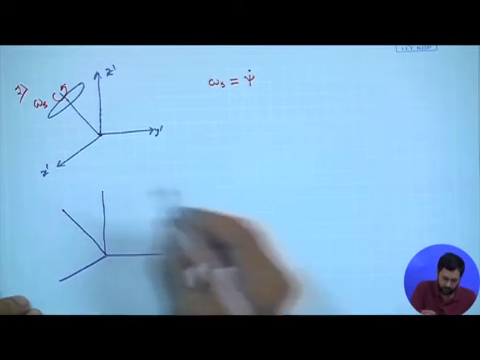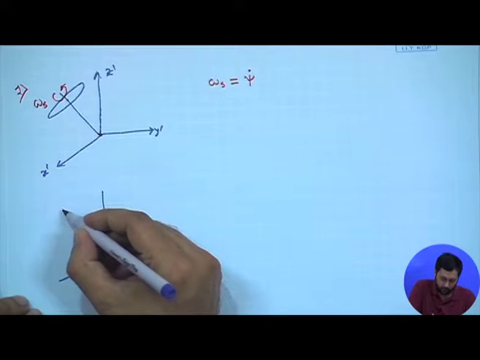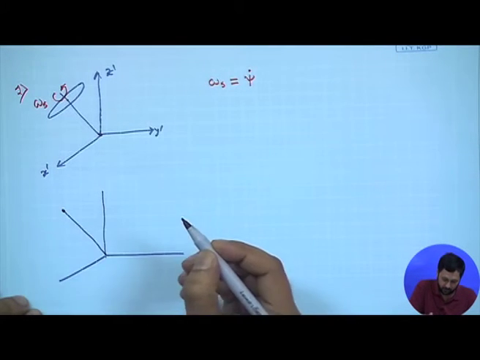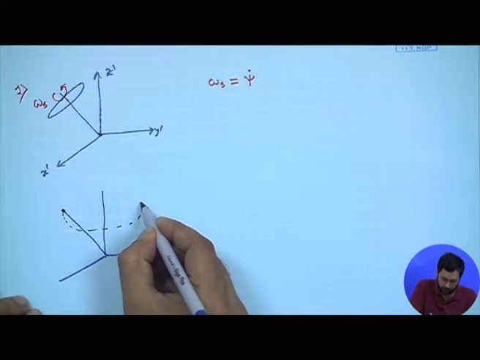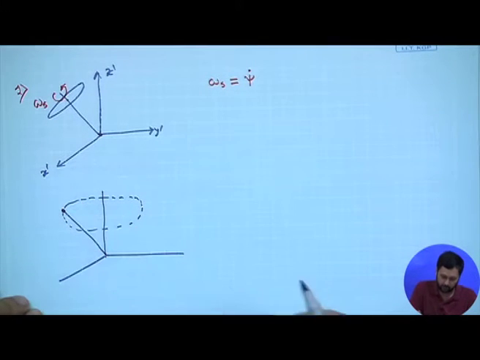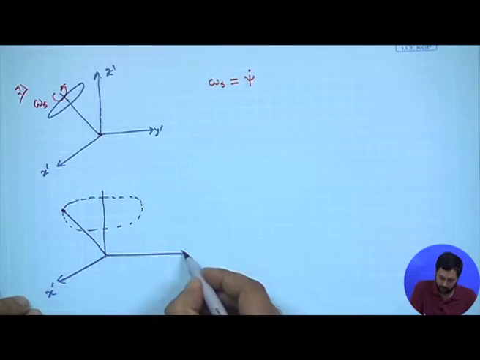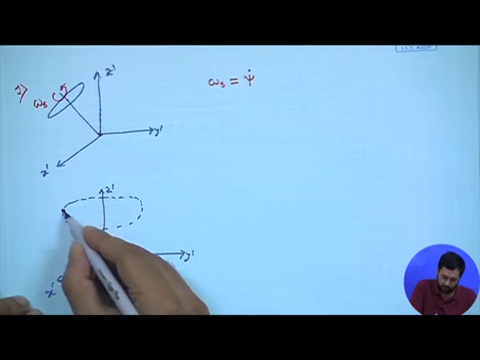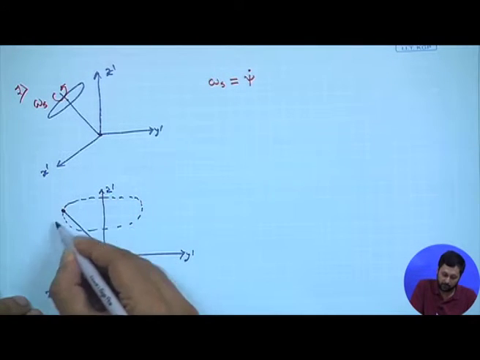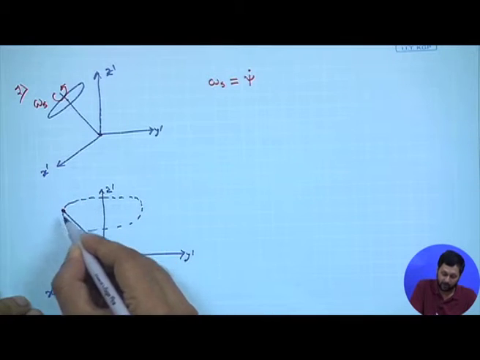I am not even drawing this disc. If we follow the motion of this tip, it also rotates around the space z axis. So, this is my x prime, this is my y prime and this is my z prime. The axis of the tip of the top also precesses around the z axis.